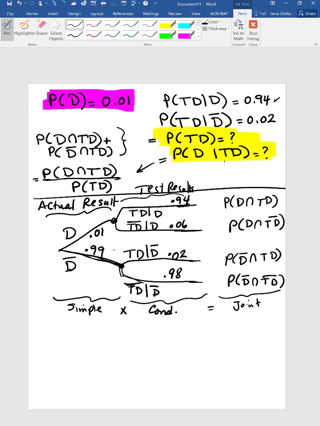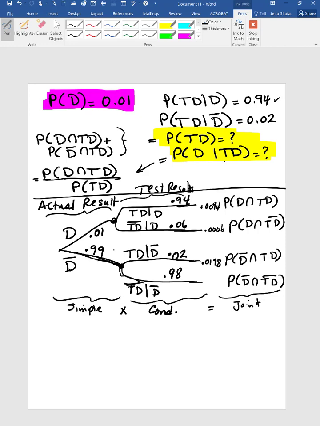So 0.01 times 0.94 is 0.0094. This one is 0.01 times 0.06, so it's 0.0006. This is 0.99 times 0.02, so the answer is 0.0198.